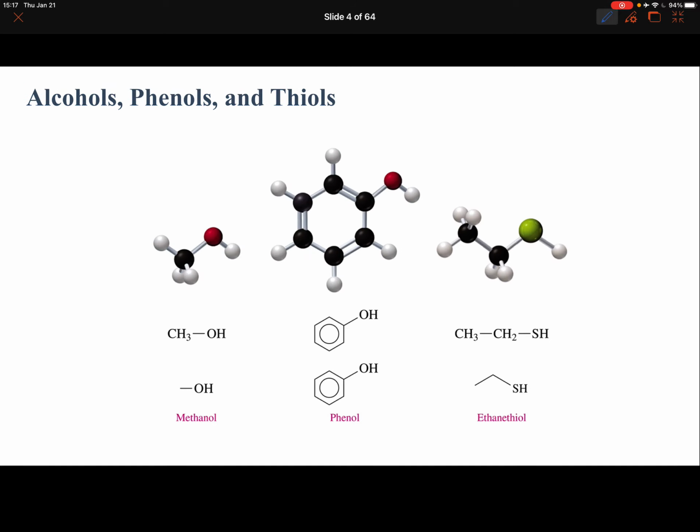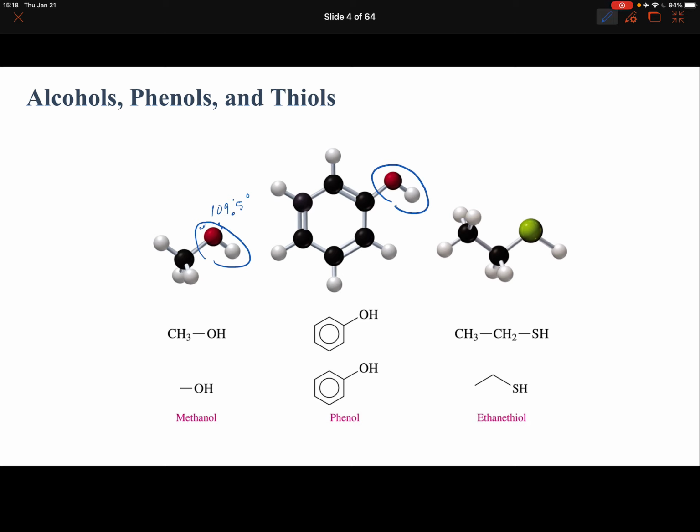So let's start off by expanding a little on some ball and stick models. Methanol, you can see here with the OH group, and phenol as well has an OH group. It's this bent shape, around 109.5 degrees. Because of the lone pairs on the oxygen, this bond angle is actually a little bit smaller than 109.5, but it's a tetrahedral arrangement.